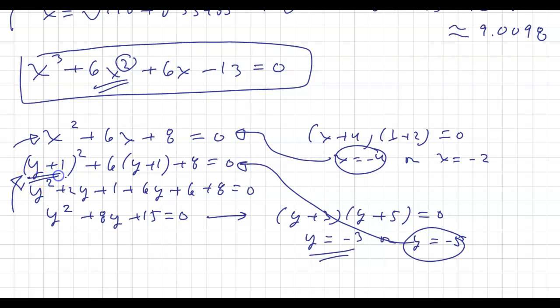If I put negative 5 in for y, this would turn into negative 4 squared plus 6 times negative 4 plus 8. So if it's true that negative 4 squared plus 6 times negative 4 plus 8 equals 0, it will be true in this equation also, but there's a y plus 1 here, so I'd have to put something like negative 5 in, so that when the 1 got added to it, it became negative 4.